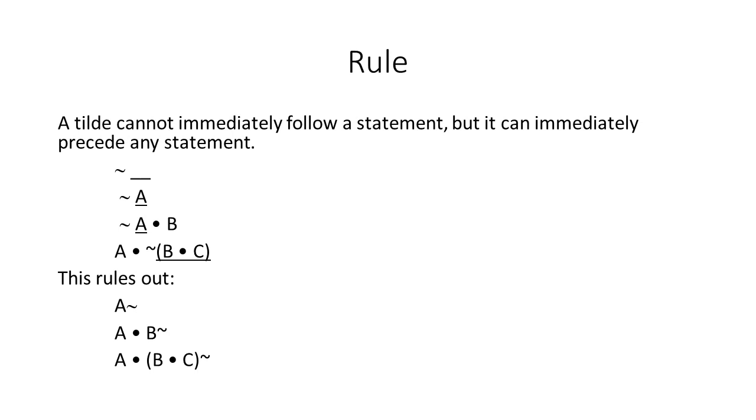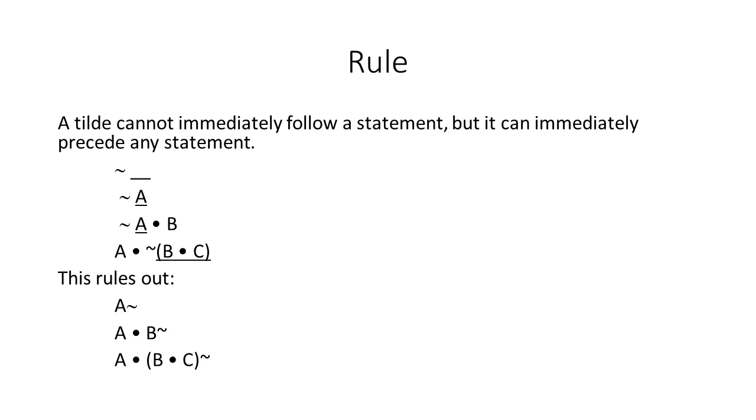And in our third example, we have A dot tilde, left parenthesis, B dot C, right parenthesis. Here we've put a complex statement into the slot, B and C, and the tilde ranges over that whole thing. So it says it's not the case that both B and C.